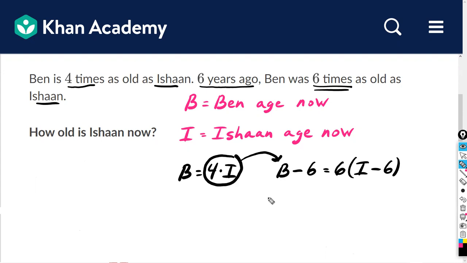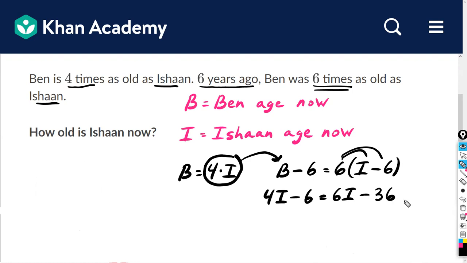So B becomes 4I. And on this side, we use the distributive property, 6 times I. And 6 times negative 6 is negative 36.